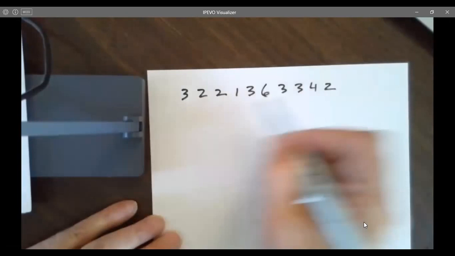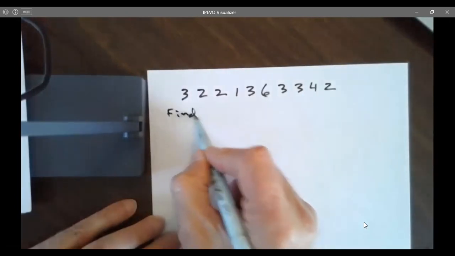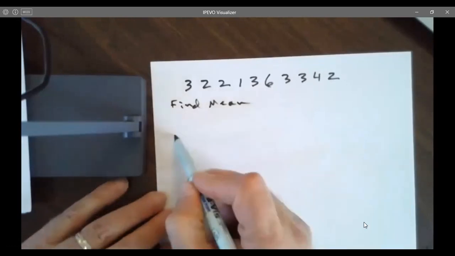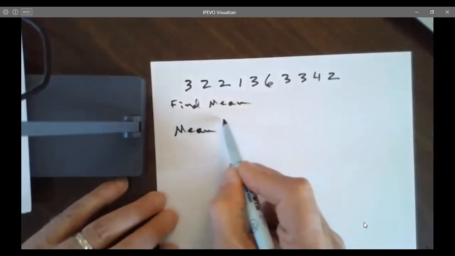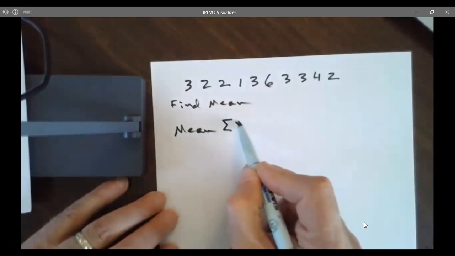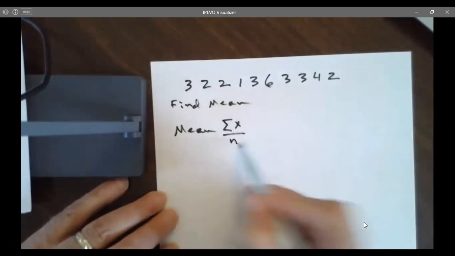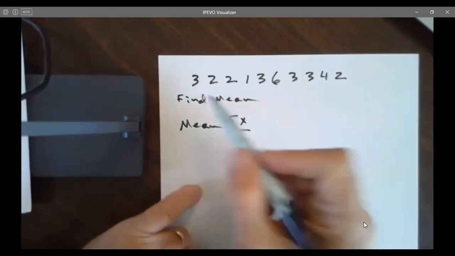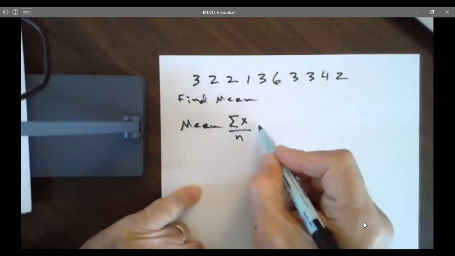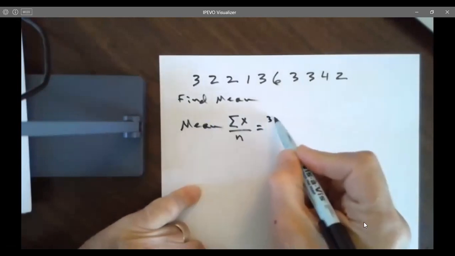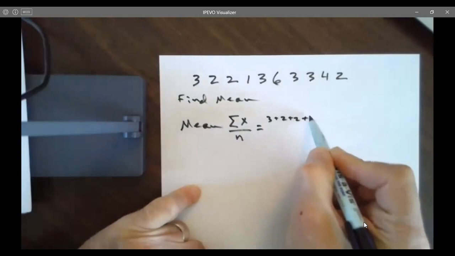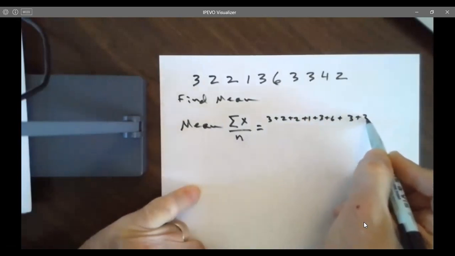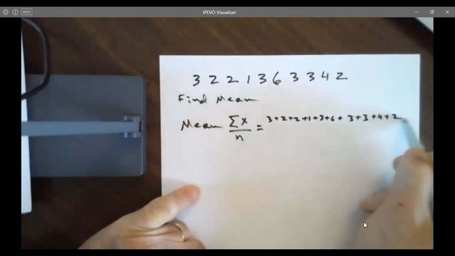And we want to find the mean. Basically, the mean is the sum over our total. So this would be 3 plus 2 plus 2 plus 1 plus 3 plus 6 plus 3 plus 3 plus 4 plus 2.